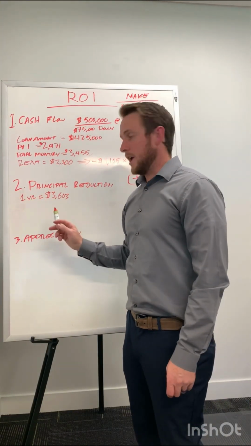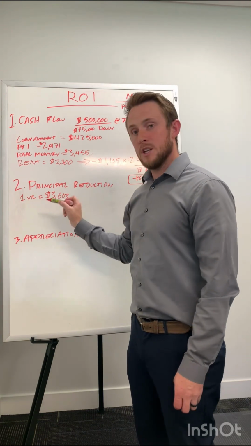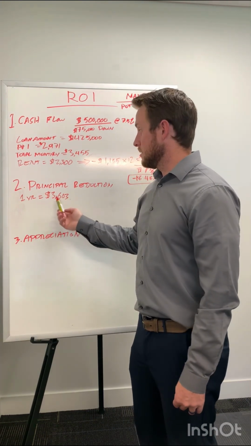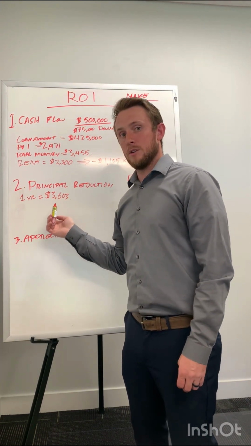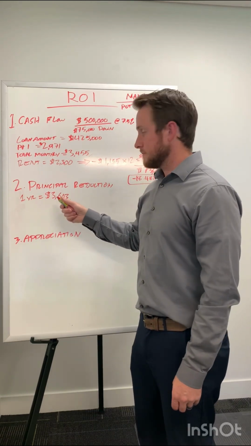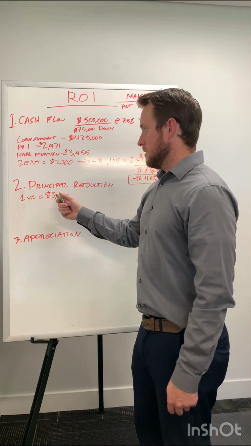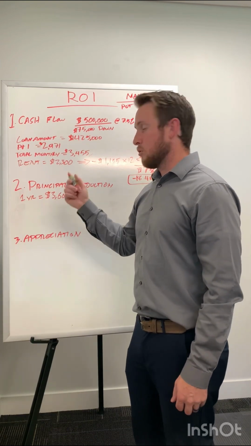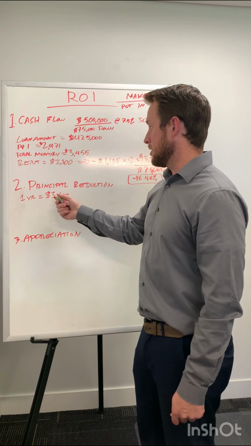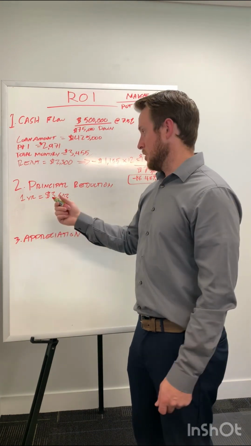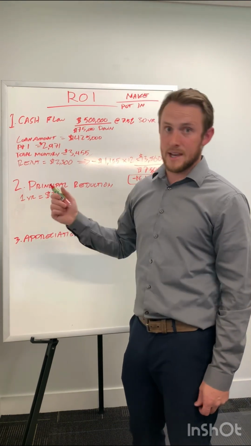For year one, the first year, principal amount for this loan is going to go down $3,603. As time goes on, maybe in year two, the principal reduction might be $4,000. Then in year three, it might be $6,000. Then in year 5 or 10, it's going to be $10,000.